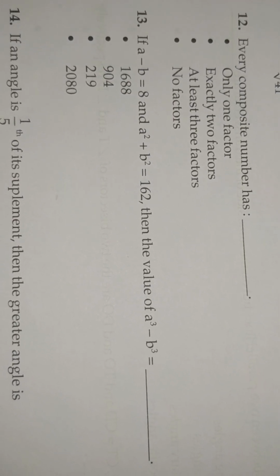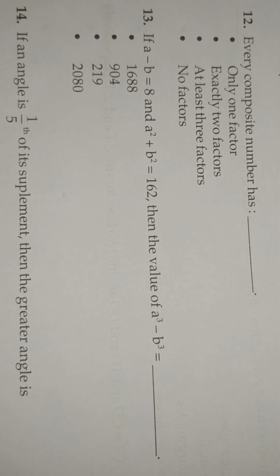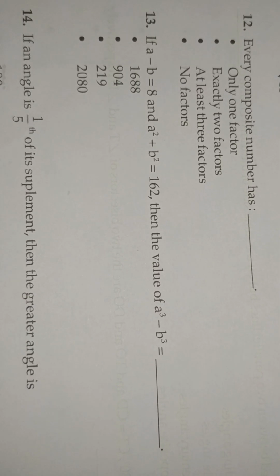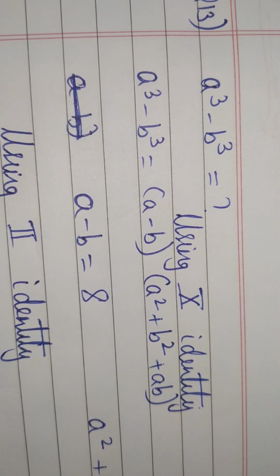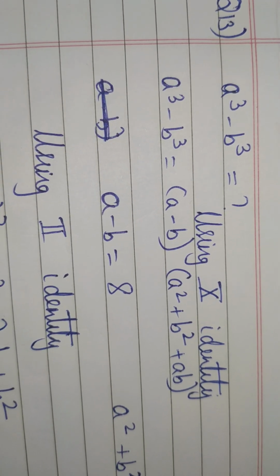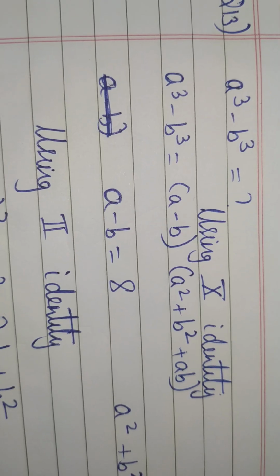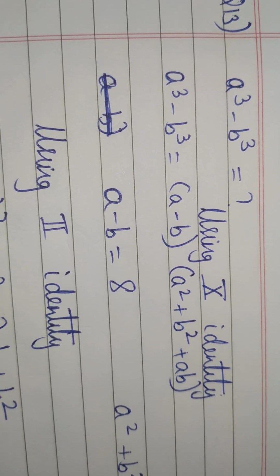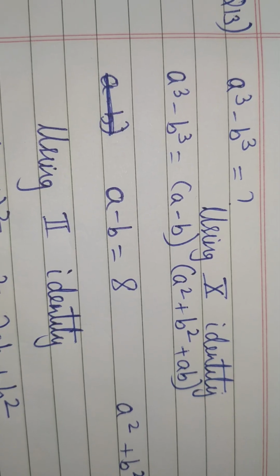This is the 10th identity. So using the 10th identity, a raised to 3 minus b raised to 3 is equal to a minus b bracket a raised to 2 plus b raised to 2 plus ab.